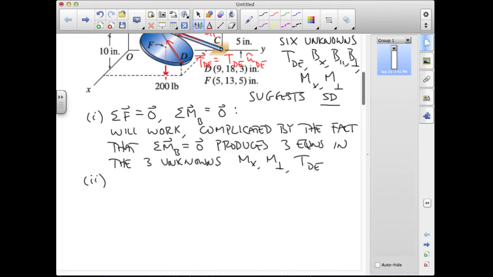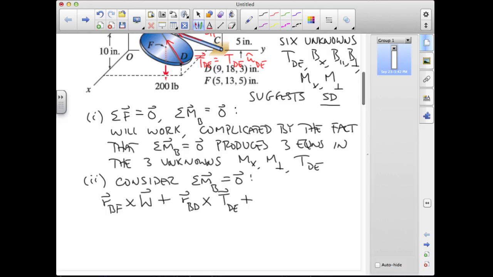The second proposed approach asks about writing the cross product RBF cross the weight plus RBD cross the tension equals 0, and then solving for TdE. If we think about the sum of the moments about B equals 0, what would that look like if we wrote that out? That would be RBF cross the weight plus RBD cross the tension in dE.